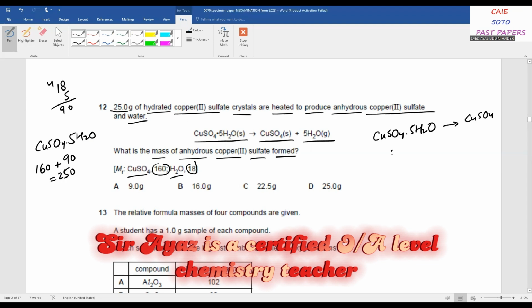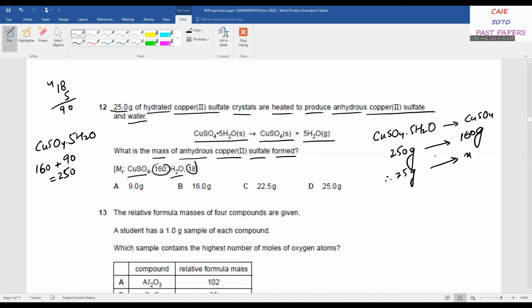So you write 250 grams copper sulfate.5H2O gives 160 grams of CuSO4. Therefore, 25 grams gives X gram of CuSO4 anhydrous.